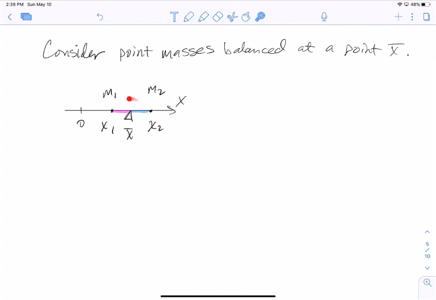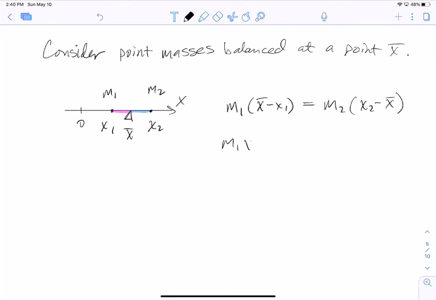This will balance at x bar if the distance times the mass in each direction is equal to each other. The distance between x bar and x1 is just the difference, x bar minus x1. And so m1 times that distance should equal m2 times the distance x2 minus x bar.